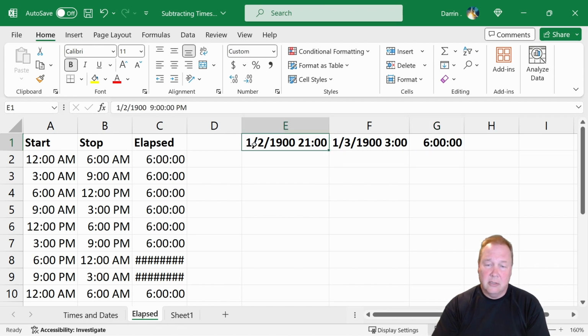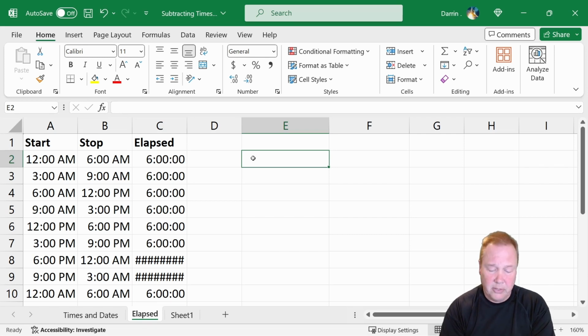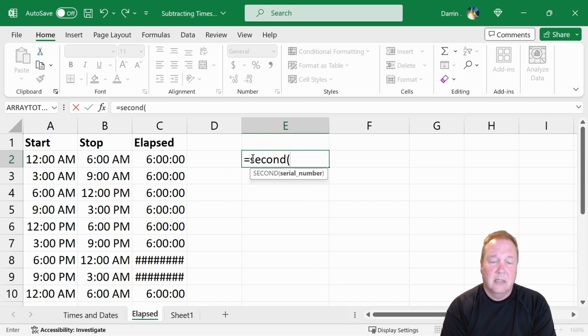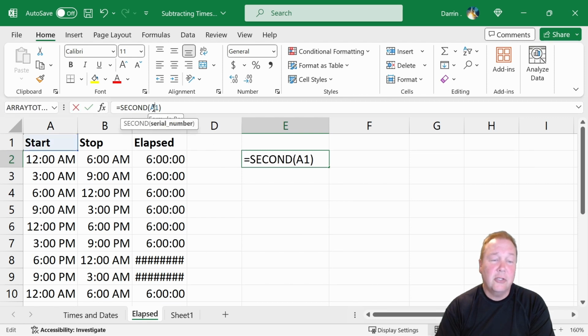Let's get rid of this one because this is going to be confusing. Okay, that one's gone. Okay, so if we want to convert this to seconds, what we do is equals second of A1. Sorry, second of A2.